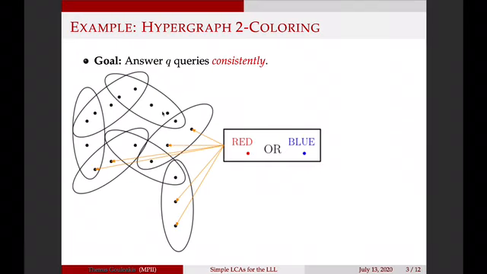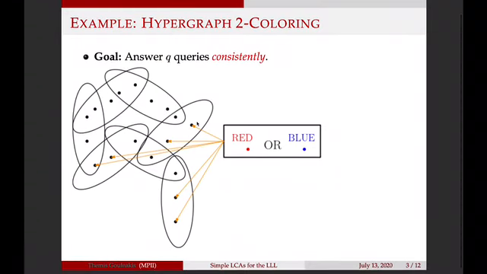In a local computation algorithm, the algorithm would answer a set of queries asking for the color of each vertex in a subset of size Q. So the user will make Q queries on Q respective vertices and ask if the color of the vertex in the coloring is red or blue.